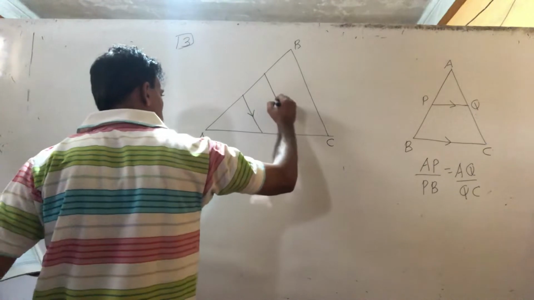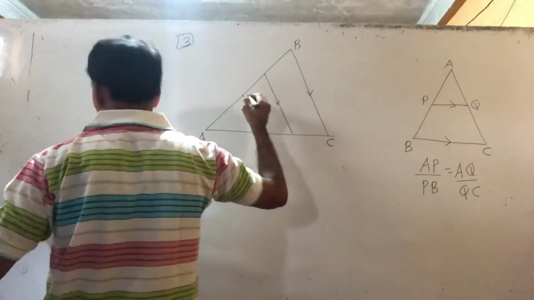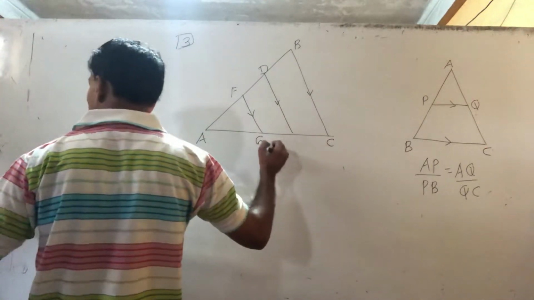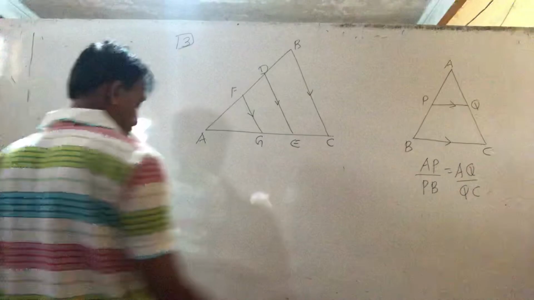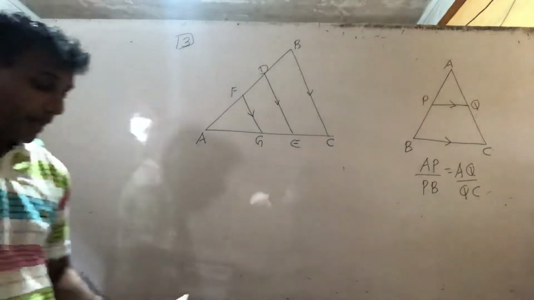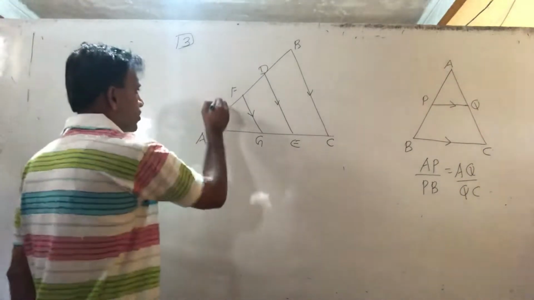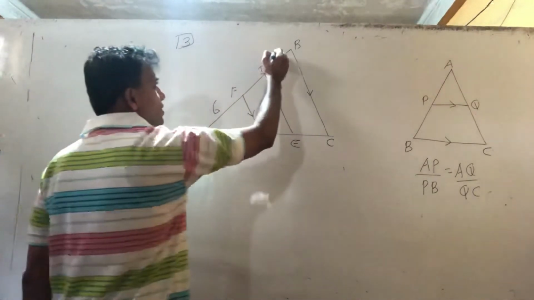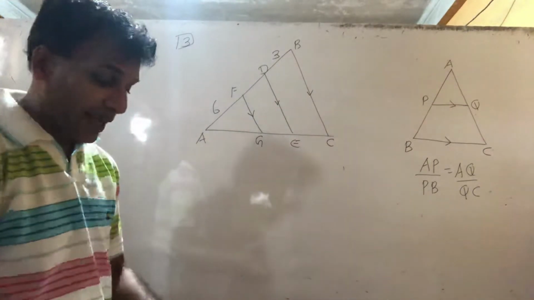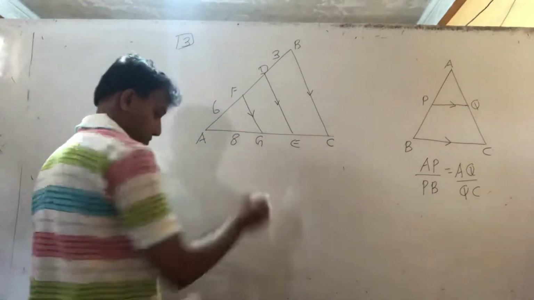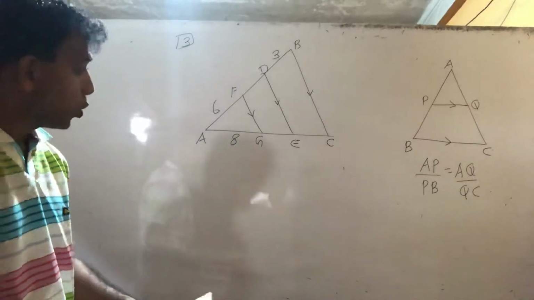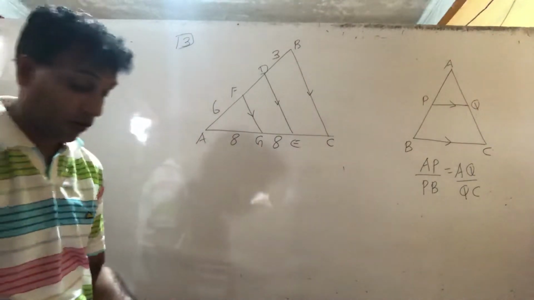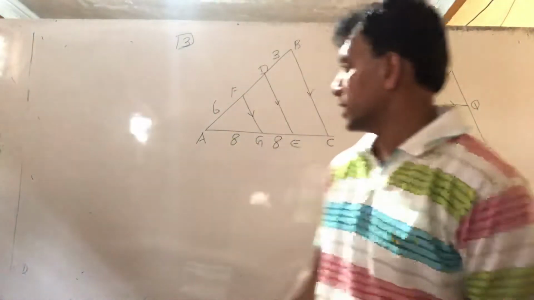These three lines are shown as parallel, and the points are F, D, G, E. In the given diagram, AF is 6, DB is 3, and AG is 8, and GE is also 8. So the question is, find the values of FD and AC.